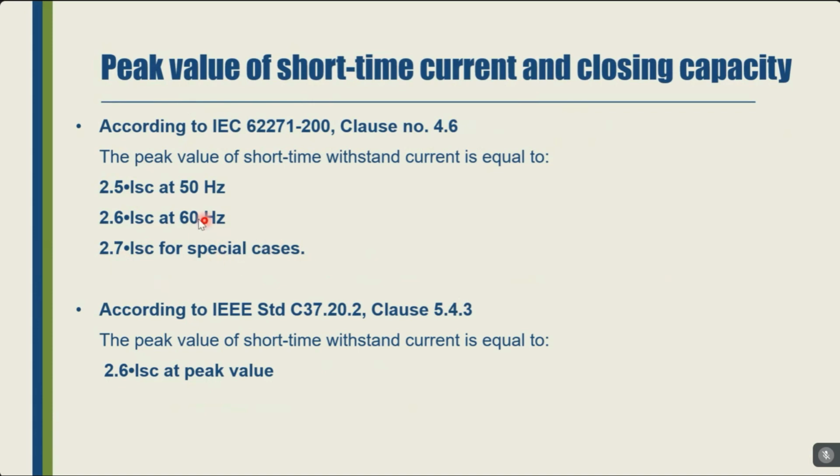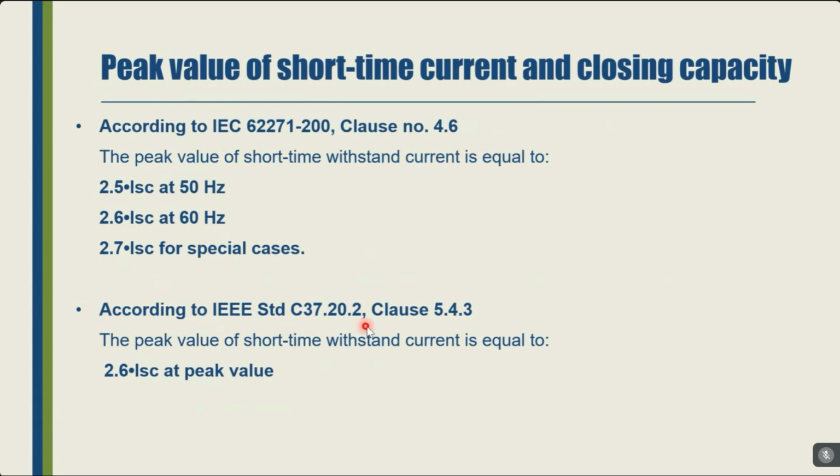Let's say if your breaking current is 10 kiloampere at 50 Hz, the making current will be 10 into 2.5, which is 25 kiloampere for a 50 Hz system. Similarly, for the ANSI standard, where 60 Hz is normal, if your breaking capacity of the breaker is 10 kiloampere, then the making current will be 2.6 times, that is 26 kiloampere at 60 Hz.